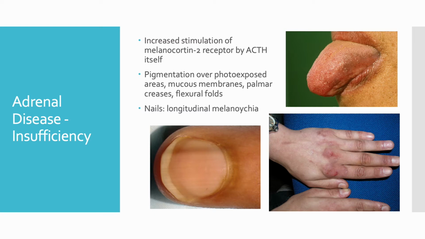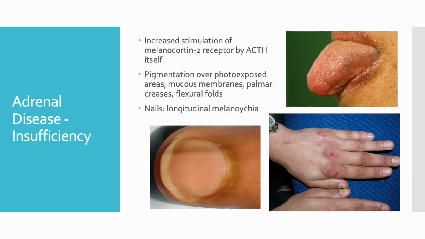Loss of adrenal tissue leads to an increased secretion of ACTH, and this produces increased pigmentation. So patients with Addison's disease have low levels of cortisol, high levels of ACTH, and this produces pigmentation of the skin, nails, and mucous membranes.